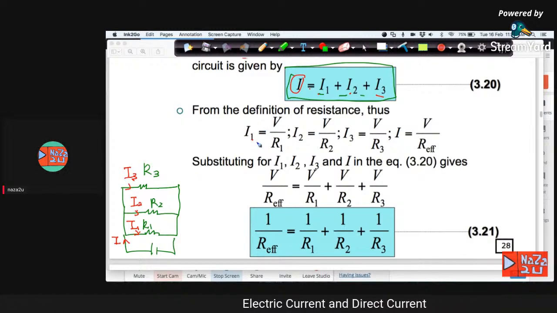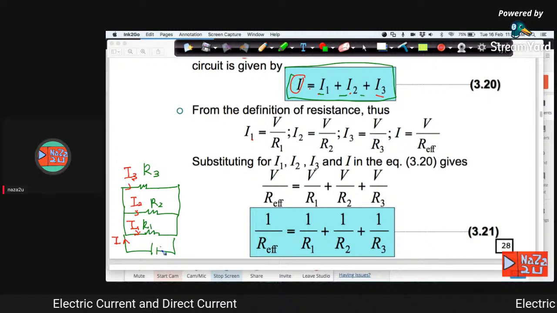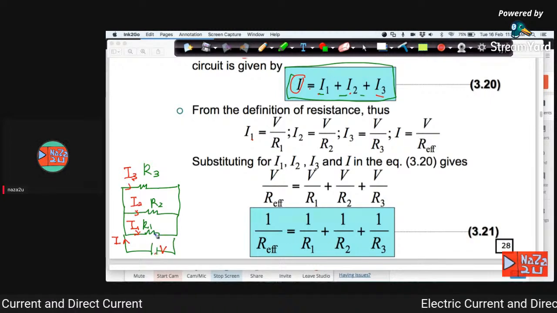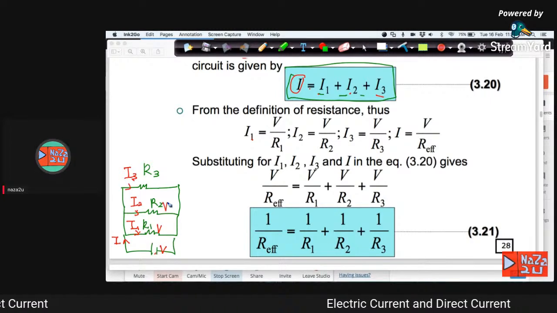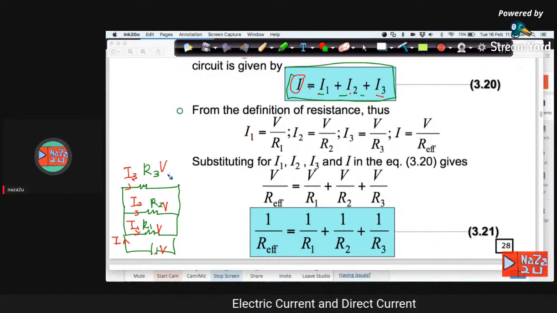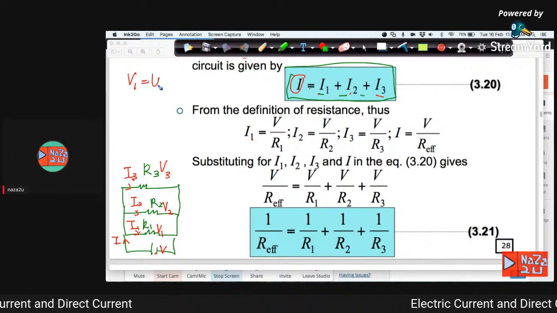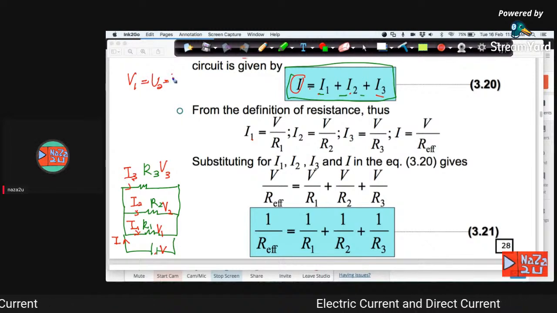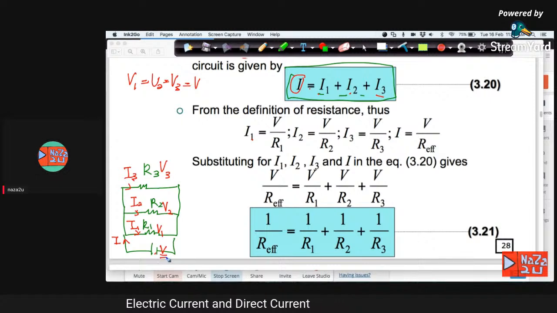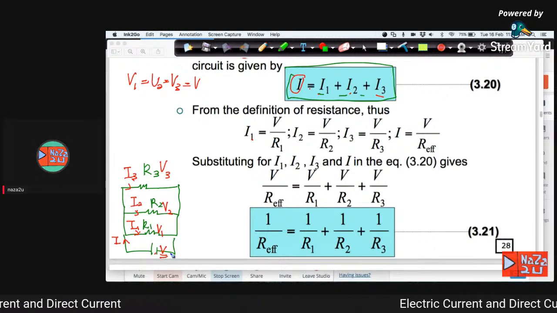Okay, sekarang ni kita nak voltage. Voltage kat sini sama. Kalau V yang dibekalkan oleh bateri sama dengan V kat sini, sama dengan V kat sini, sama dengan V. So meaning here V3, V2, V1, or V1 is equal to V2 is equal to V3 is equal to V provided by battery. Right? This is a parallel circuit.